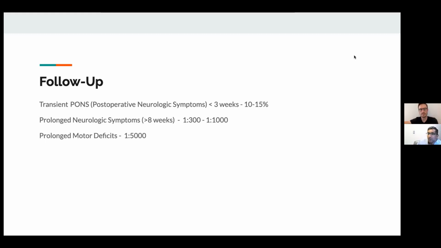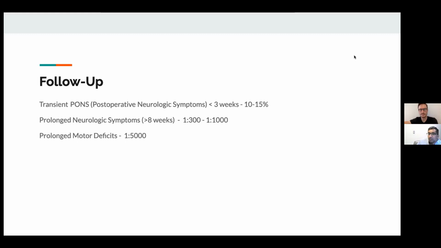We found a difference between upper extremity and lower extremity. Upper extremity blocks are on the order of 10%. Lower extremity blocks are on the order of 15%. And this is probably due to the fact that lower extremity surgery, so foot and ankle surgery, in and of itself has a higher incidence of post-op neurologic symptoms and nerve injury.